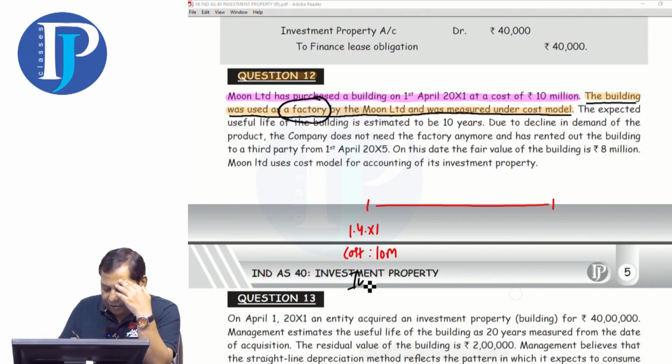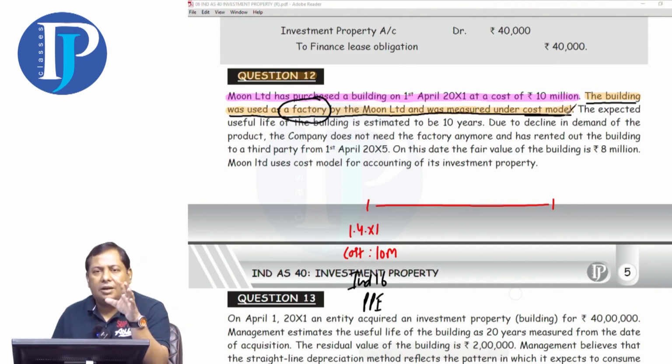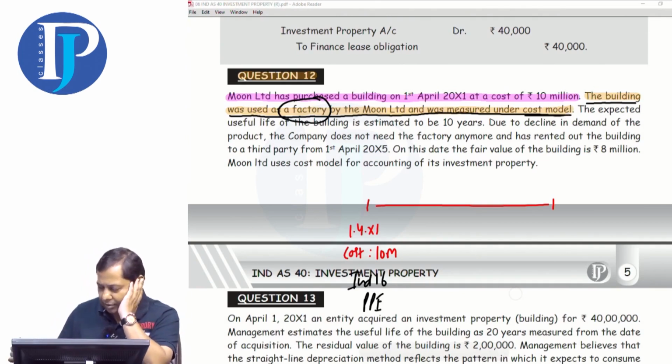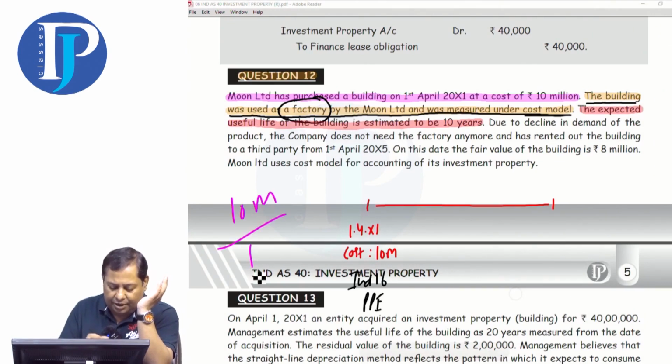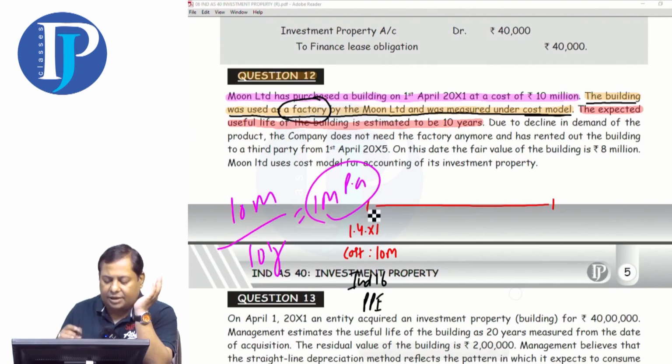If it's a factory, Ind AS 16 will be applied as PPE. And if it's a cost model, we will deduct the depreciation and the impairment loss. Let me read the question. The expected useful life of the building is estimated to be 10 years. If your property is worth 10 million, its lifespan is 10 years, so depreciation per annum will be 1 million.